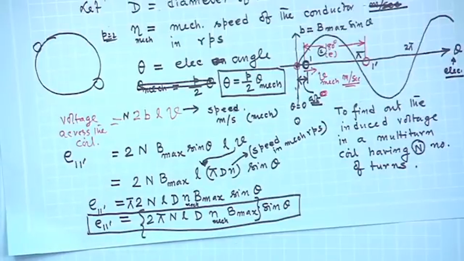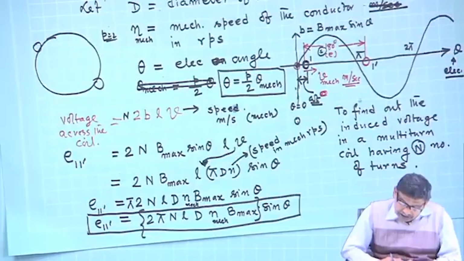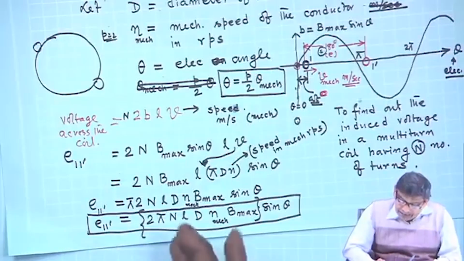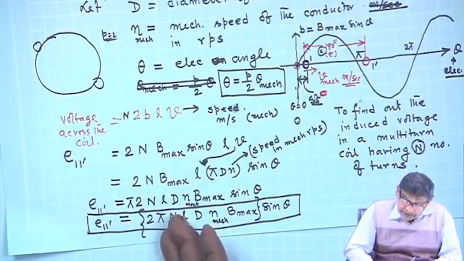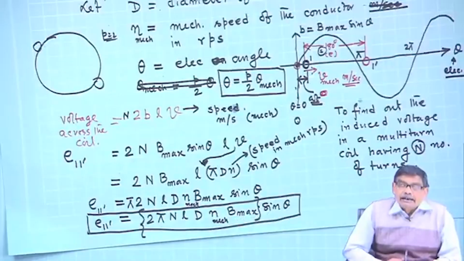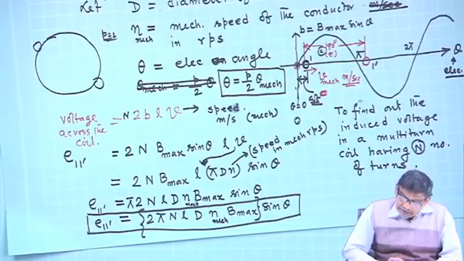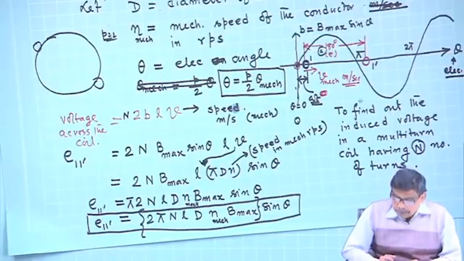But generally, people express the induced voltage not in terms of diameter and length of the machine, or B max. They try to express this induced voltage in terms of flux per pole.